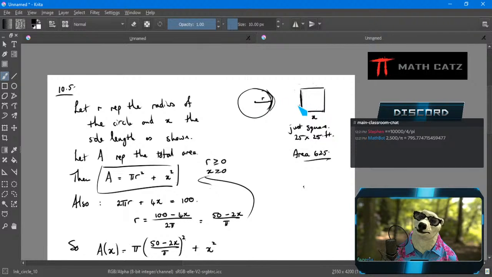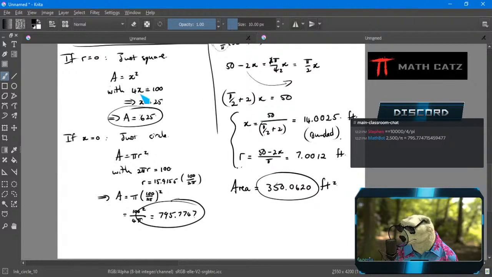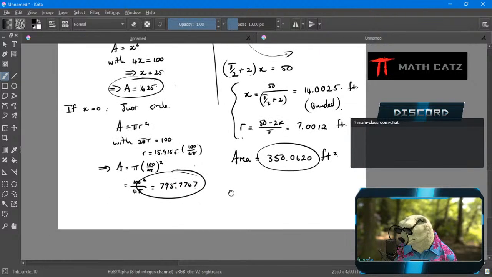The question is just which is going to be bigger, the circle or the square. And the one that maximizes the area over all of these options, the two endpoints, if you will, and the critical point, the circle gives me the biggest area.